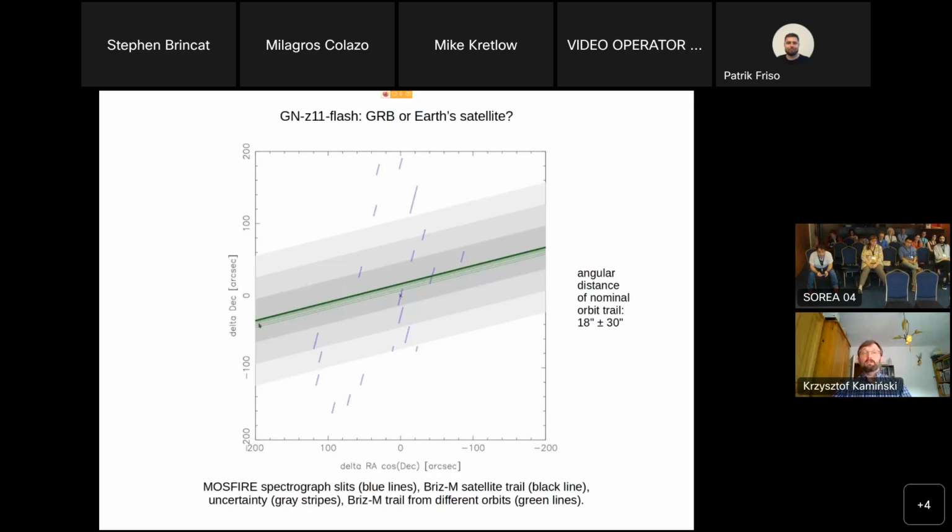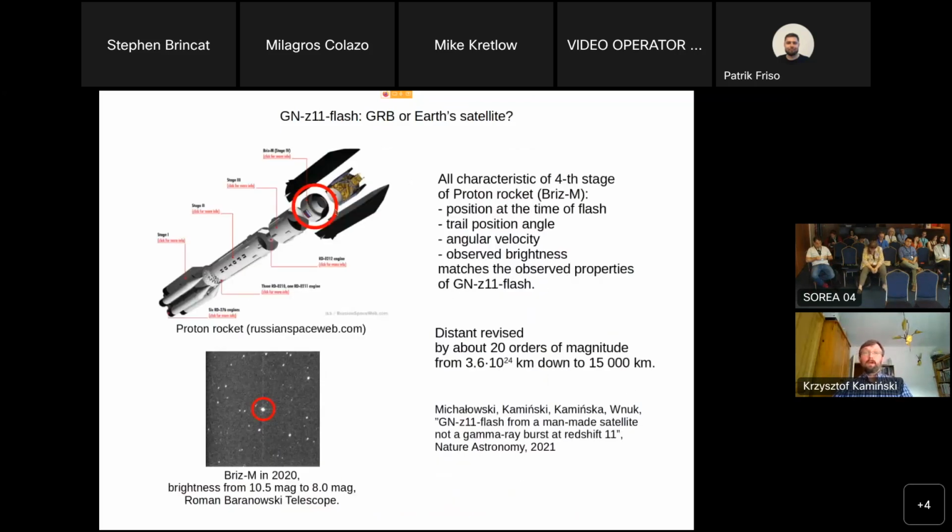And moreover, subsequent orbits, which were improved after that event occurred, were also closer to the position of the target observed by that group. So we started looking at that satellite more closely. It's the fourth stage of a Russian Proton rocket.